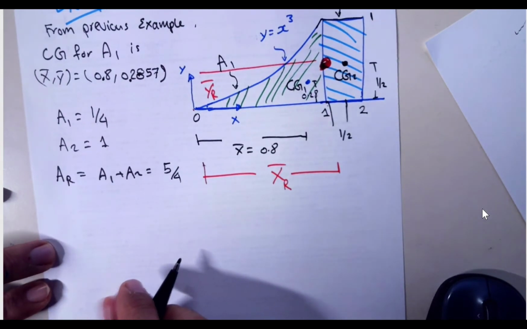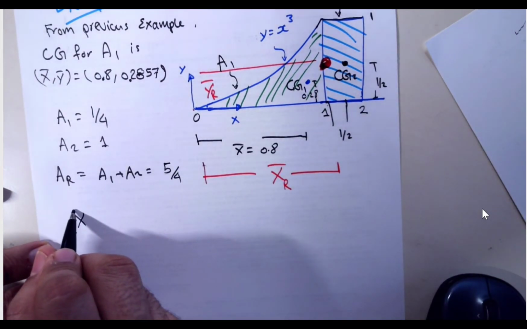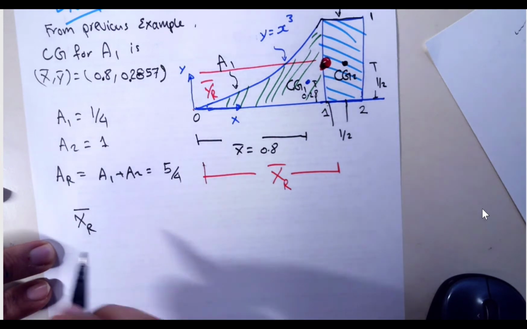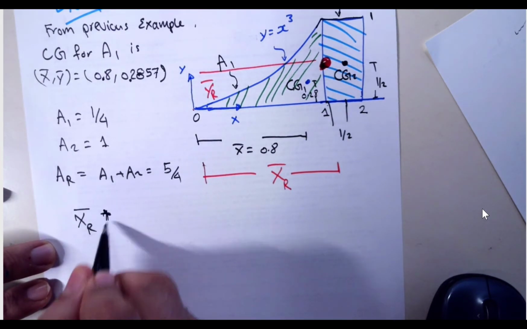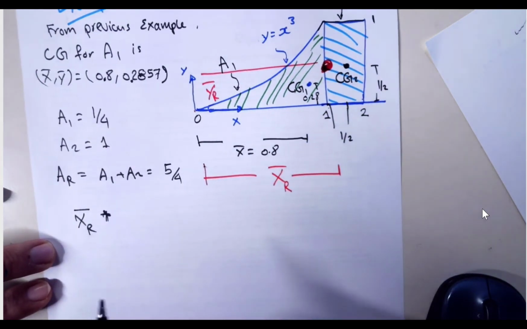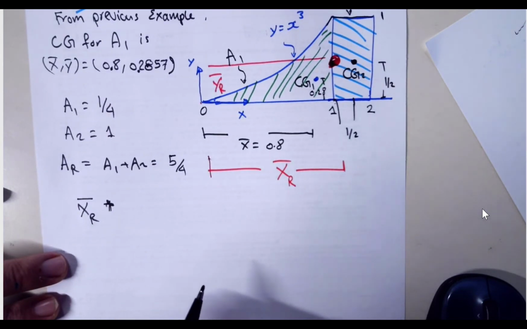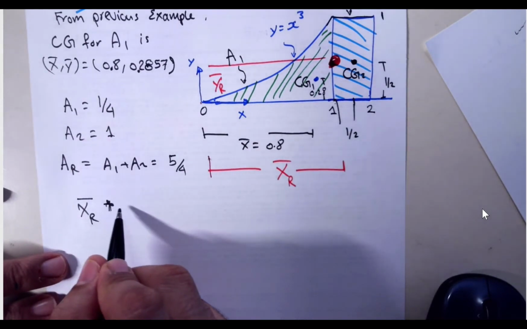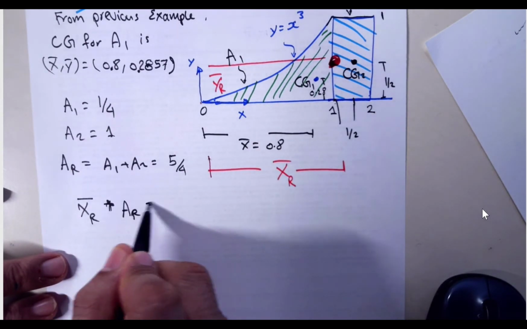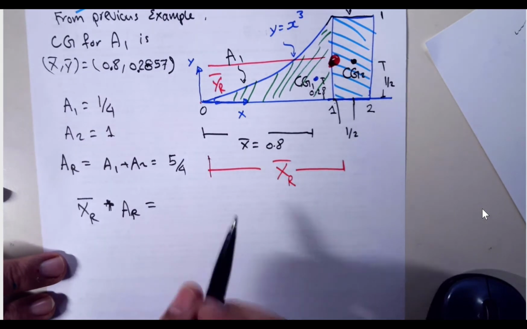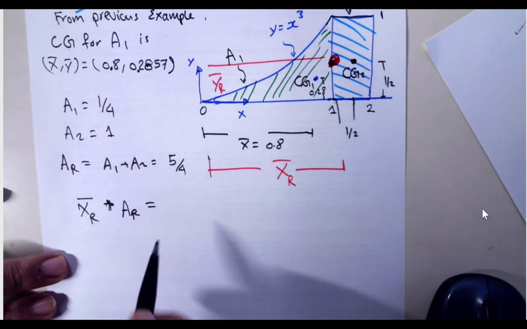To calculate the location x bar r is similar to the concept of the moment, and this is extracted from the moment. If you multiply that by the total area, it must be equal to the moment of each one, right?